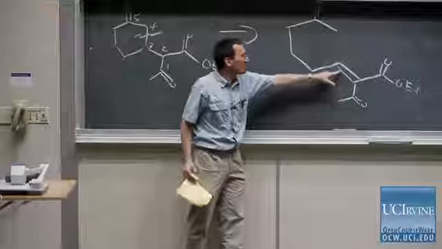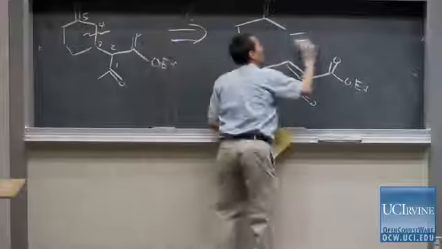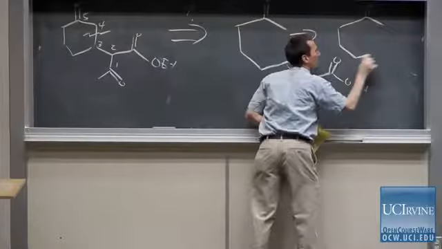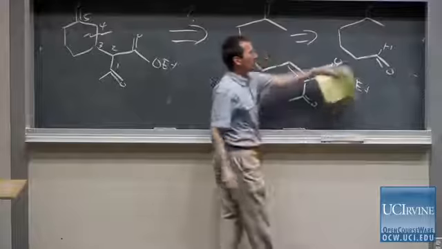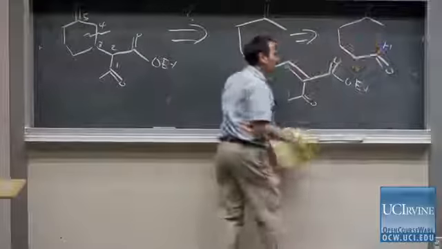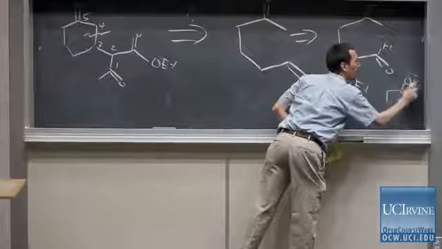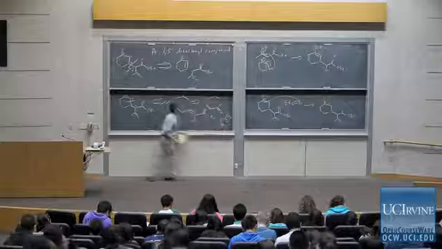a crossed-aldol reaction, perhaps. I don't know if this is going to work, so I'm going to write a big question mark, but this is the thought process. I could see this component coming from a big crossed-aldol reaction where now I have a ketoaldehyde and ethyl acetoacetate.